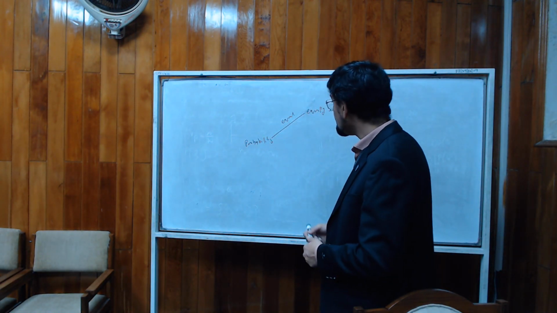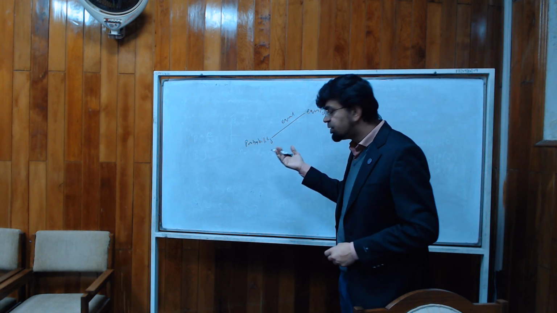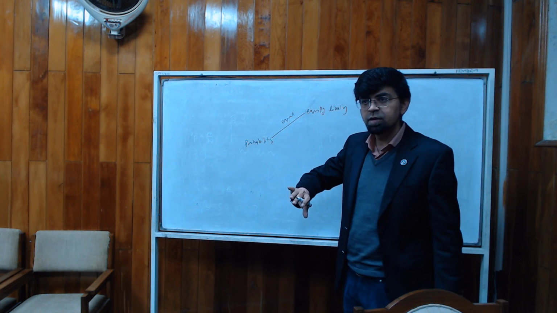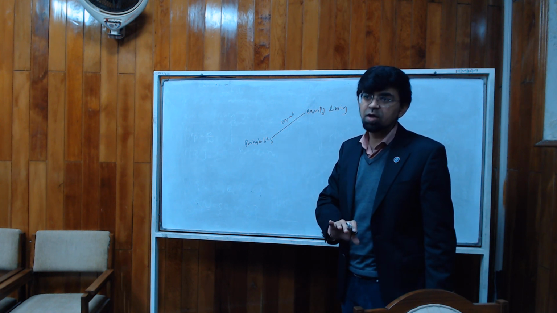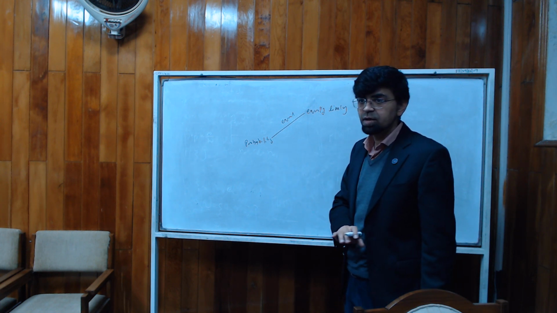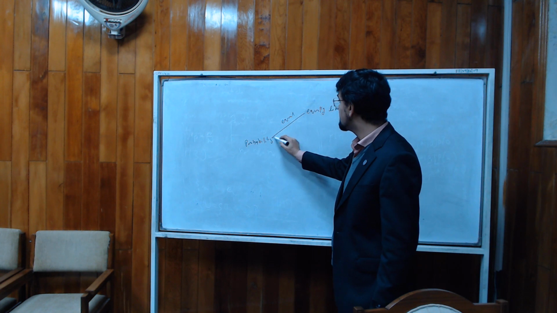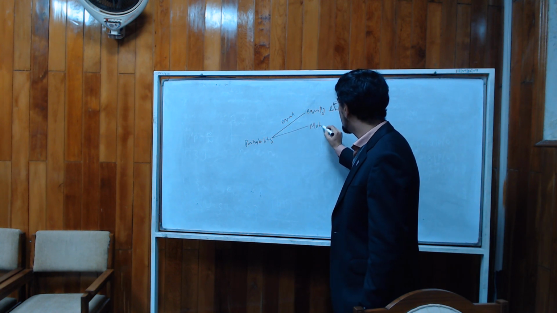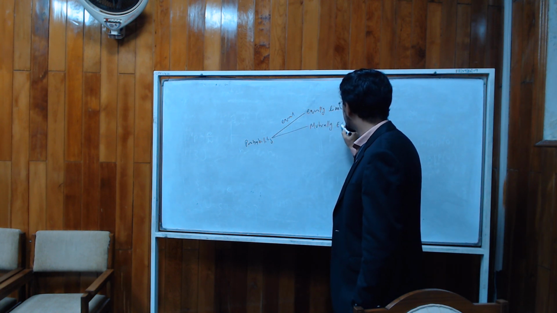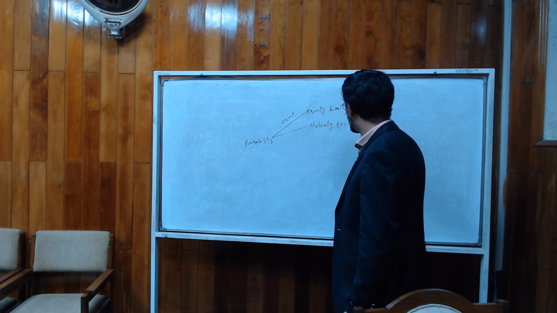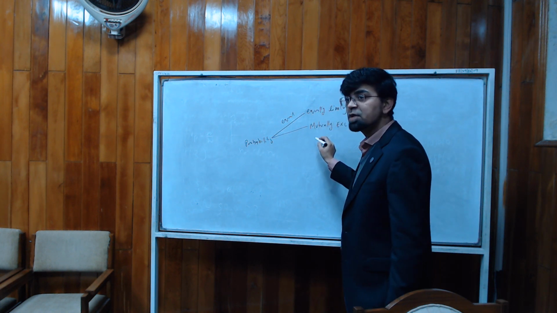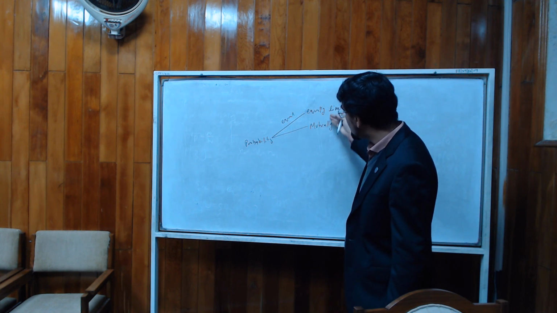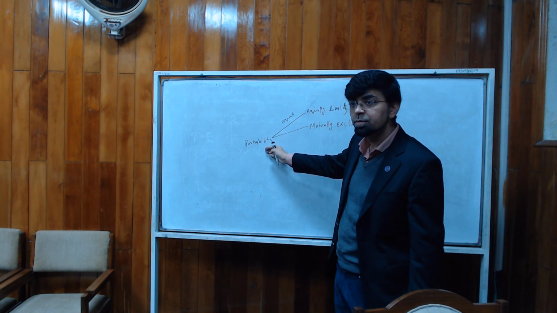Then we also looked at a kind of complementary probability. If one event has occurred, then the other cannot occur, right? And those kinds of events were what? Mutually exclusive. So there were events that were equally likely, there were events that were mutually exclusive, and each of these has a relation to probability.